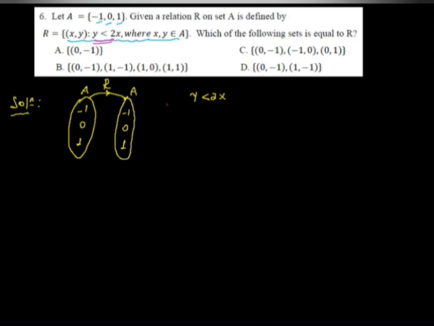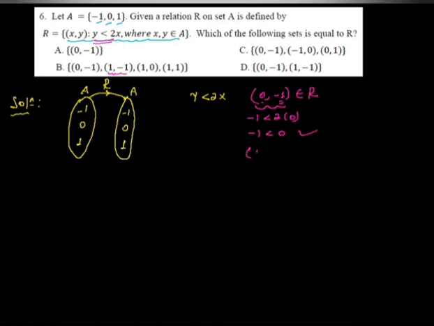So for choice A, 0, -1 can be a member of R, a member of our relation. Let's check: y is -1, x is 0, so -1 is less than 2 times 0, which is true. -1 is less than 0, which is true. So (0, -1) can be a member of R. Okay, A can be an answer, but we will see the other options. Let's check (1, -1).